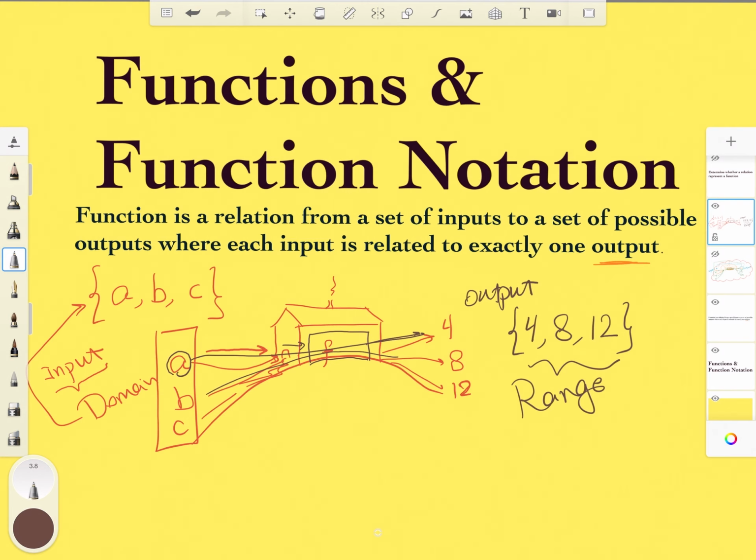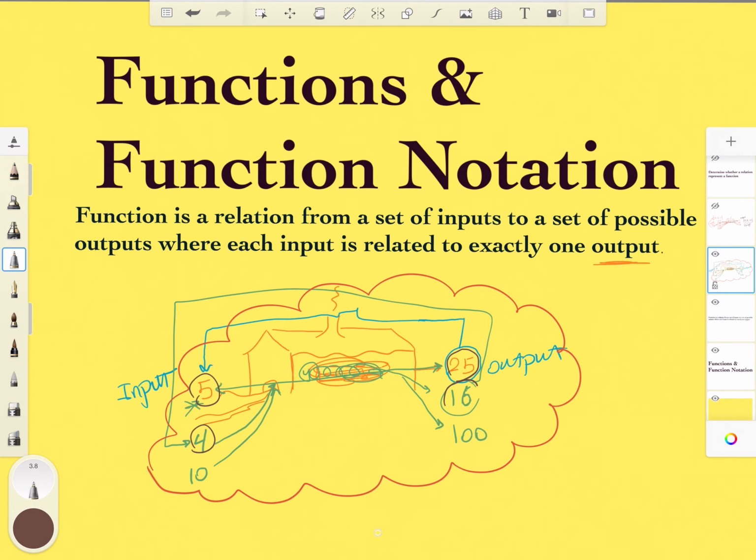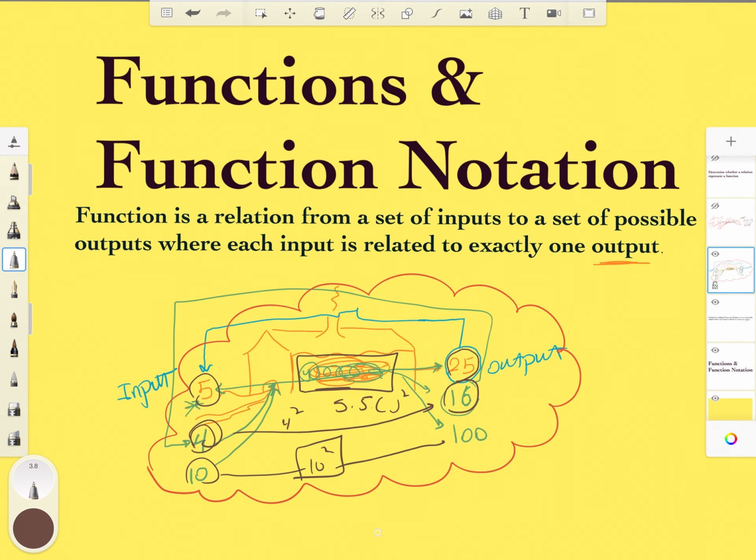But in the previous example, we see 5 becomes 25, 4 becomes 16, and 10 becomes 100. We see that inside of this function it looks like the input is multiplied by itself, or to the power of 2. Like 4 squared is 16, 10 squared is 100. So this is the relation between input and output.